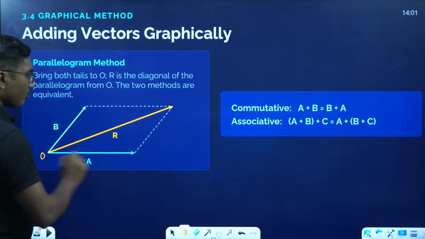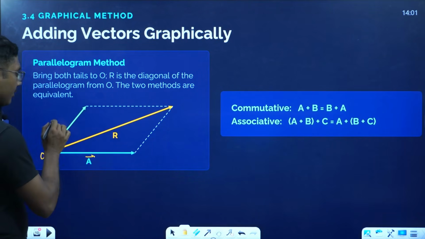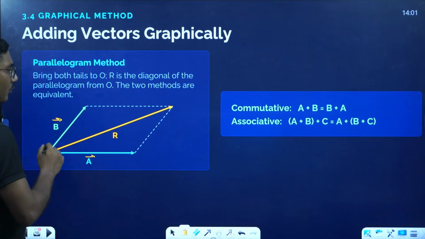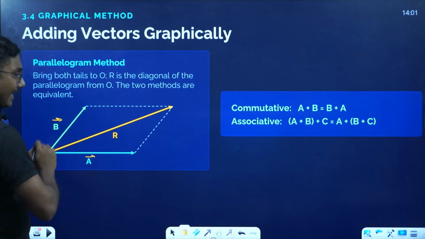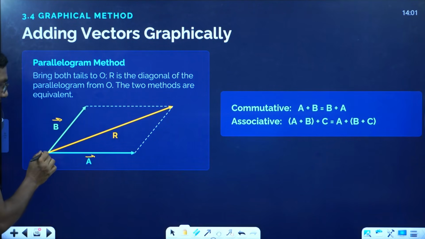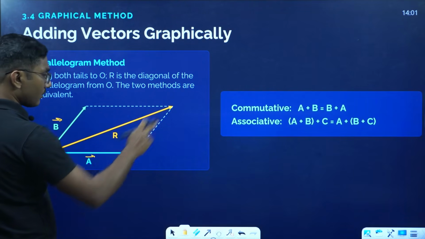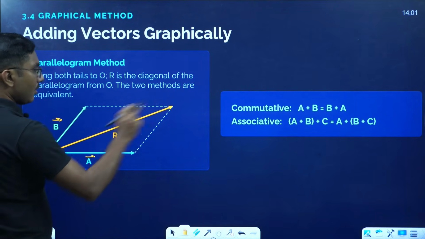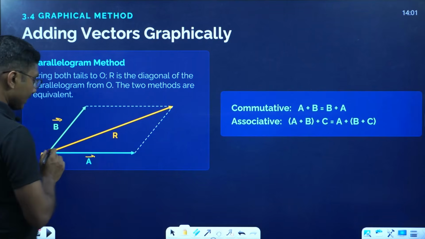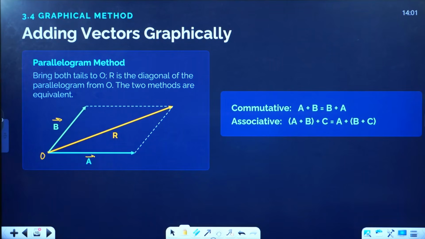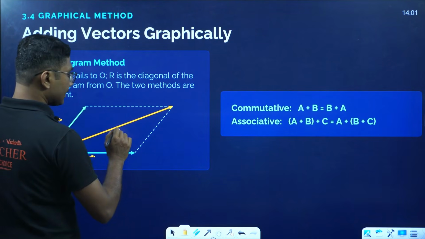If you draw both vectors A and B from the same point, and construct a parallelogram consisting of A and B, the diagonal which passes from the point O gives you the resultant vector.